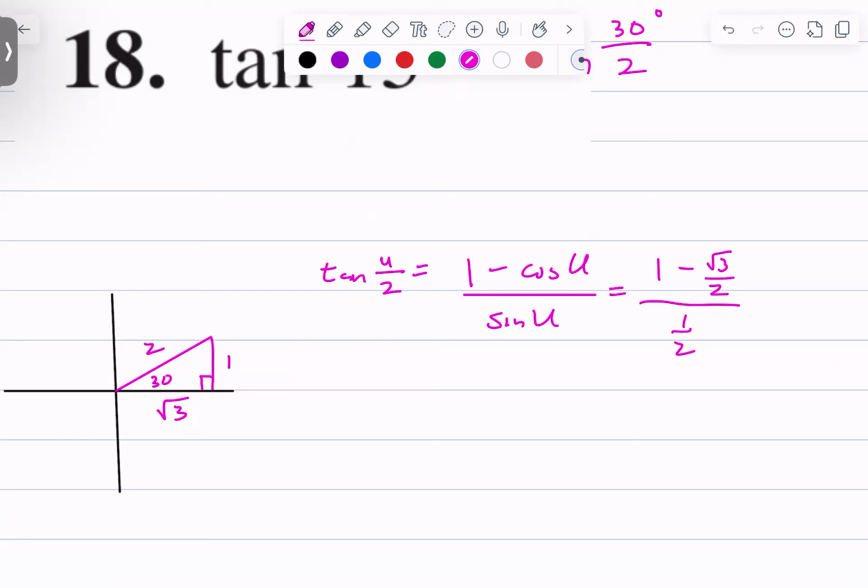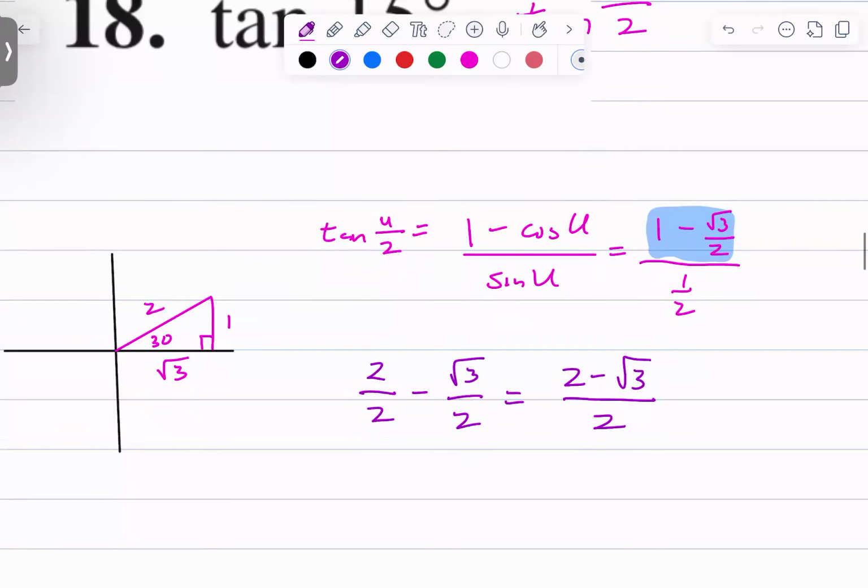Okay, so in my numerator, this guy right there is going to equal 2 over 2 minus square root of 3 over 2, which would be 2 minus square root of 3 over 2. Okay.